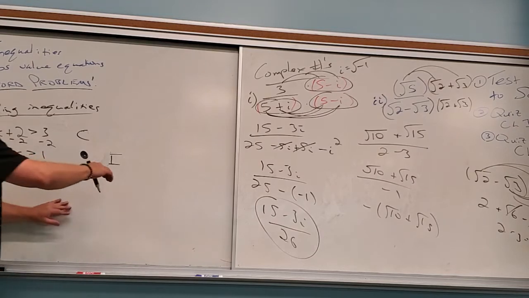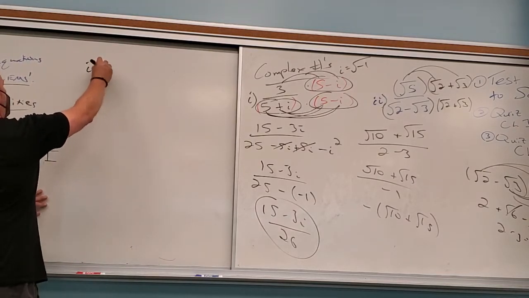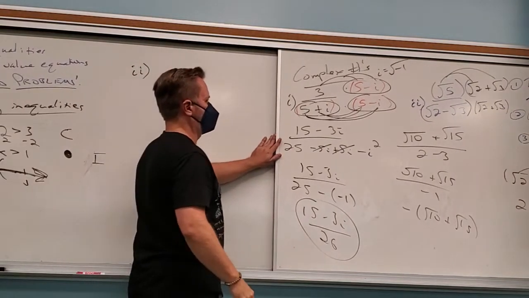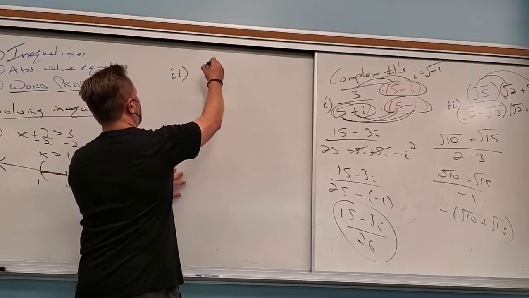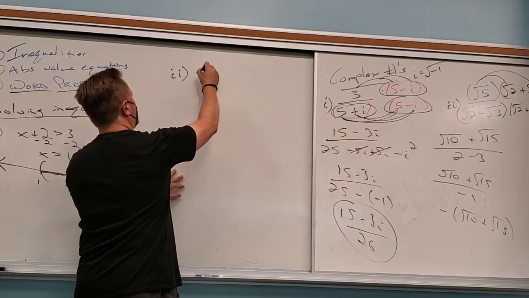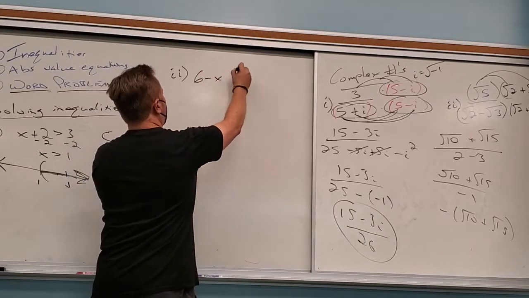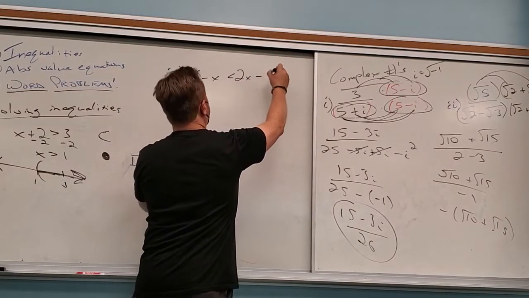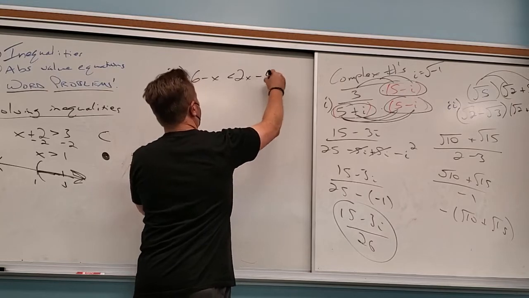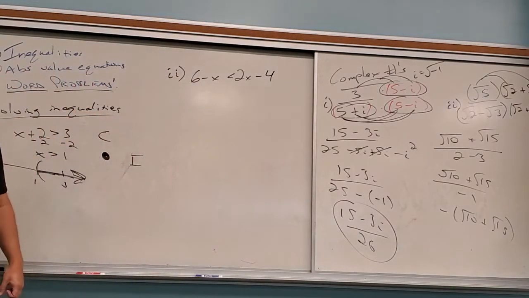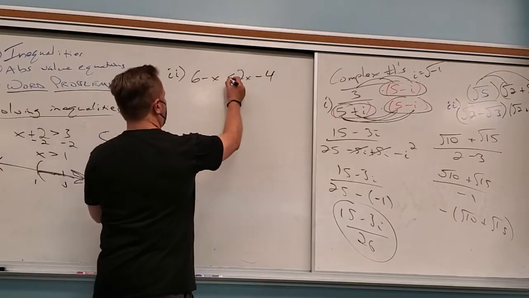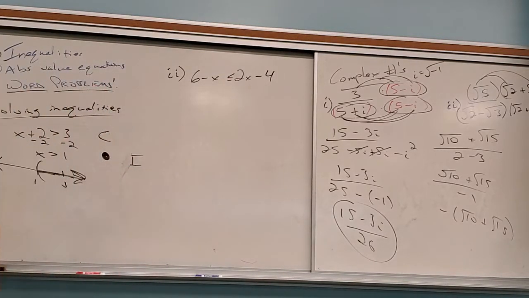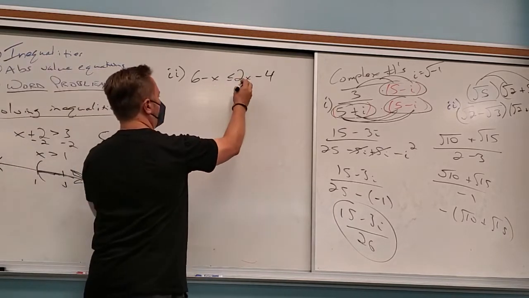Okay, so what about this one? Let's just do this: 6 minus x is less than or equal to 2x minus something. I'm going to choose to do something, and then we're going to solve it a different way.